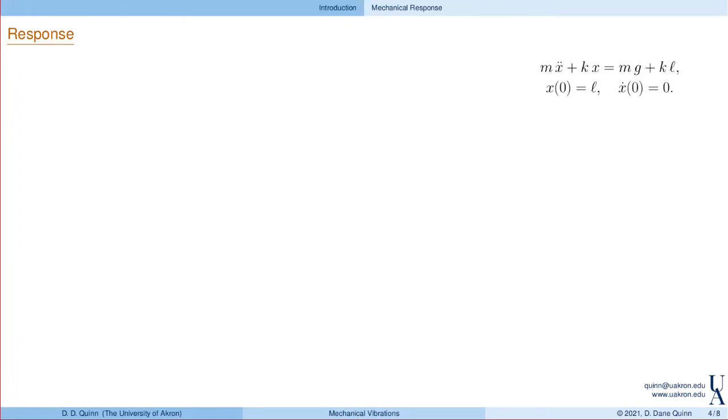Now we turn to the response of the system. So here over on the right, I have again shown the equation of motion. Notice that I have brought all of the terms that don't depend on x over to the right-hand side, in particular the k times L. I've also transformed the initial conditions to being in terms of x alone.